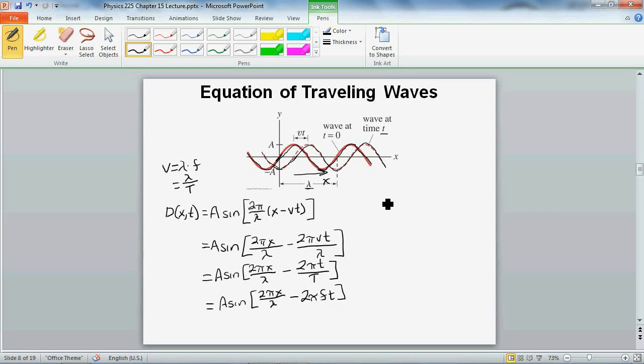And we will generalize this equation with another k value. And that will equal a sine of k subscript w times x minus omega t.